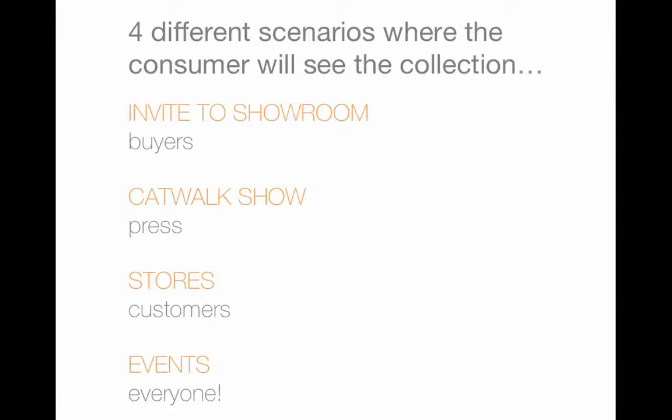But the important thing is that these 4 areas all need to have an element of consistency. So they all need to be consistent in the way that the brand is represented, but also in the way that the product is represented. And that's really important for you to think about when you're reviewing your overall visual merchandising strategy of your brand, is how successful your brand are across different platforms.